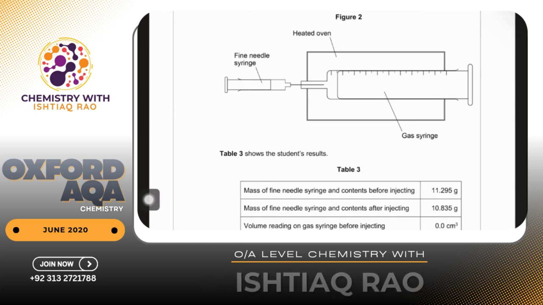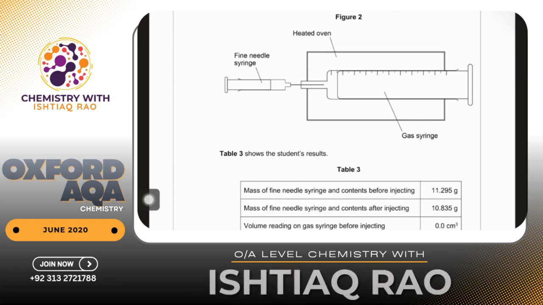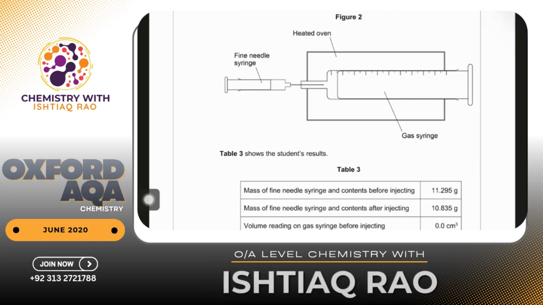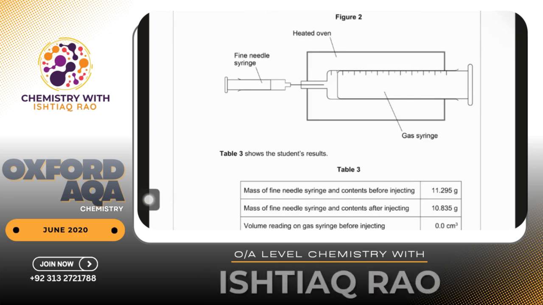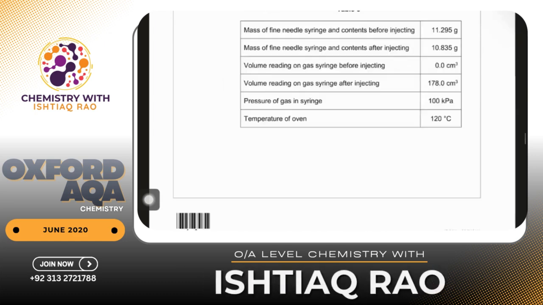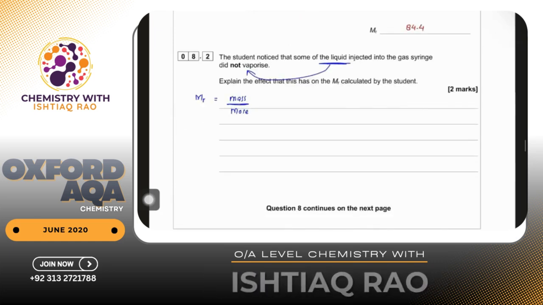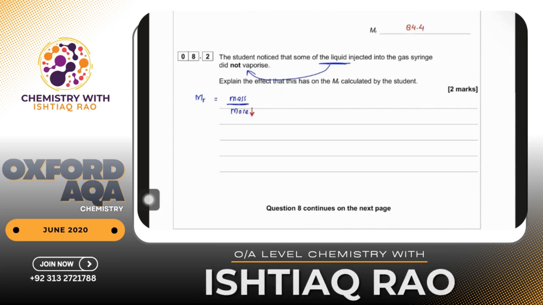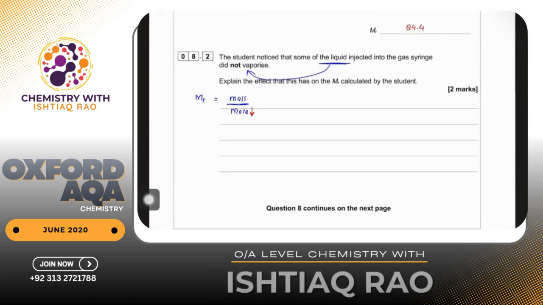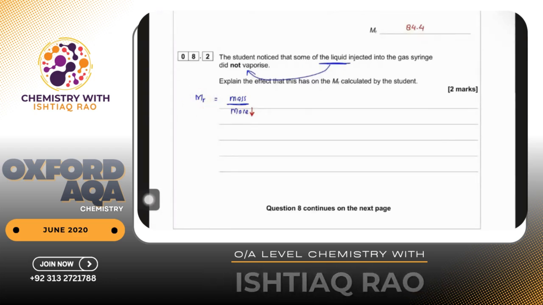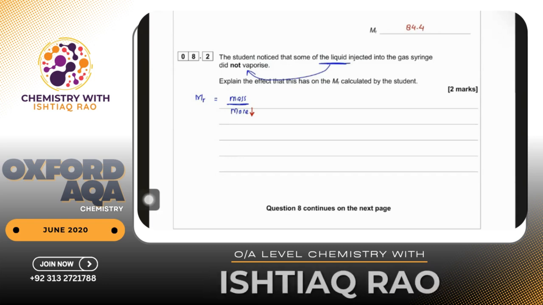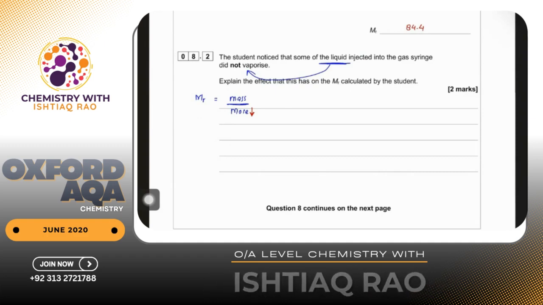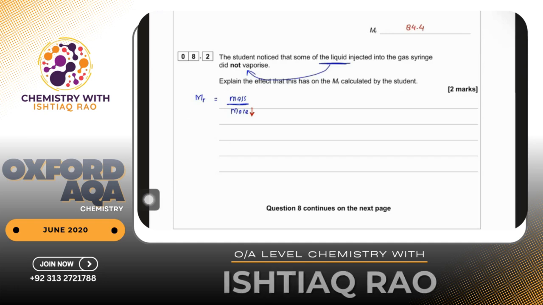Less volume means that when we calculate the number of moles, I will be getting fewer moles. Since the number of moles decreases, what would be the effect on MR? MR will increase, because mole and MR are inversely proportional to each other. If the number of moles decreases, the MR increases, and if the number of moles increases, the MR decreases.